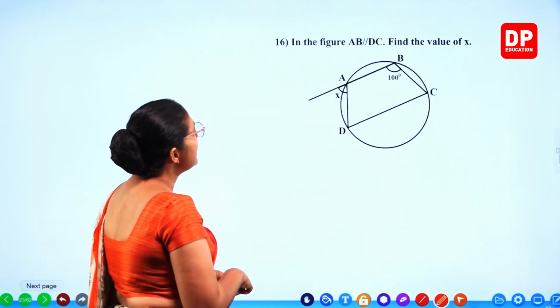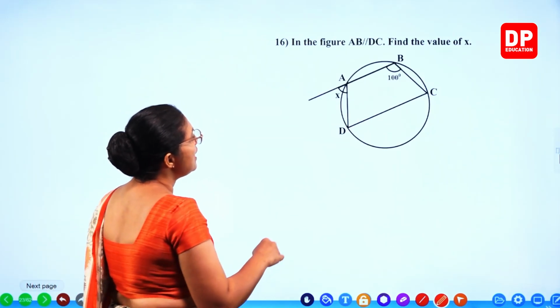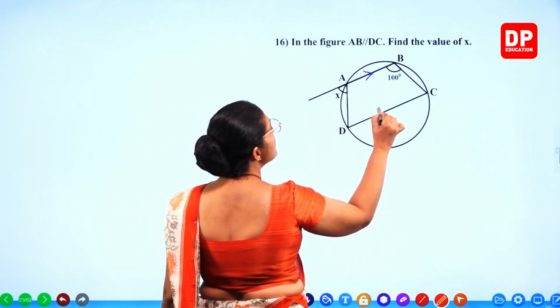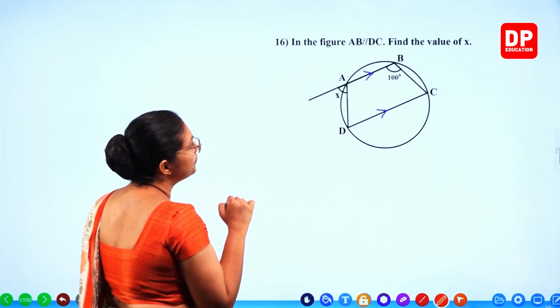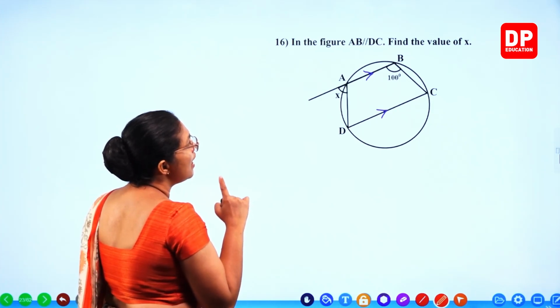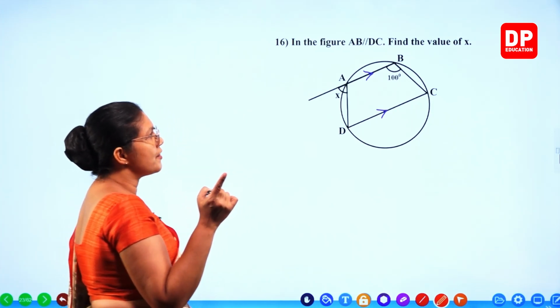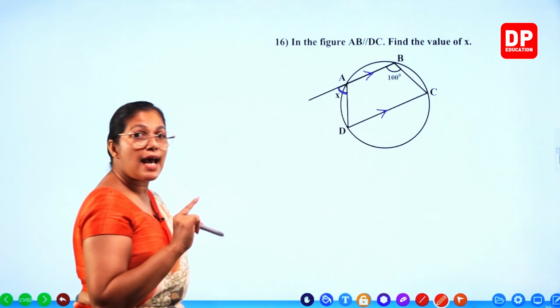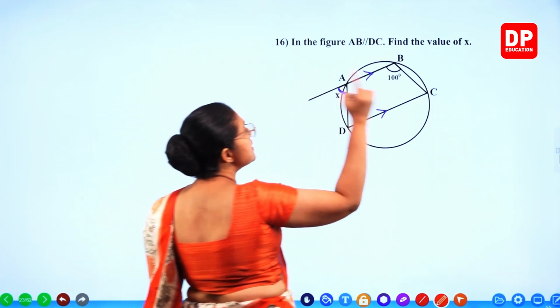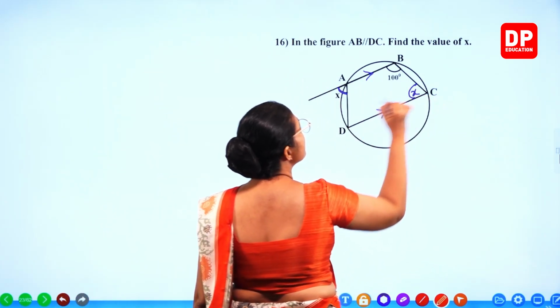Question number 16. In the figure, AB is parallel to CD. Find the value of x. ABCD is a cyclic quadrilateral. What can you say? The exterior angle of a cyclic quadrilateral is equal to opposite interior angle. So this should be x.